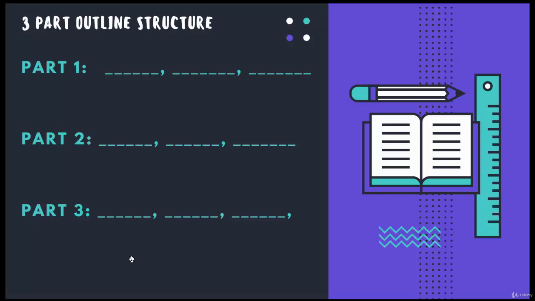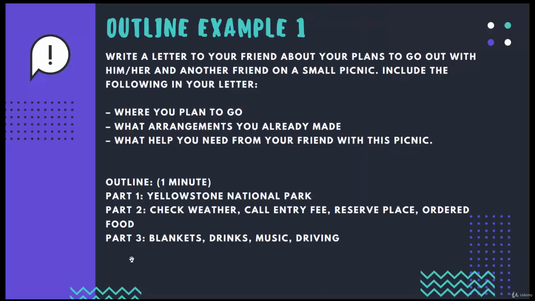It makes your writing more organized, and it allows you to write faster, right? So your outline is you basically are generating the ideas you're going to talk about for part 1, generating the ideas you're going to talk about for part 2, generating the ideas you're going to talk about for part 3.